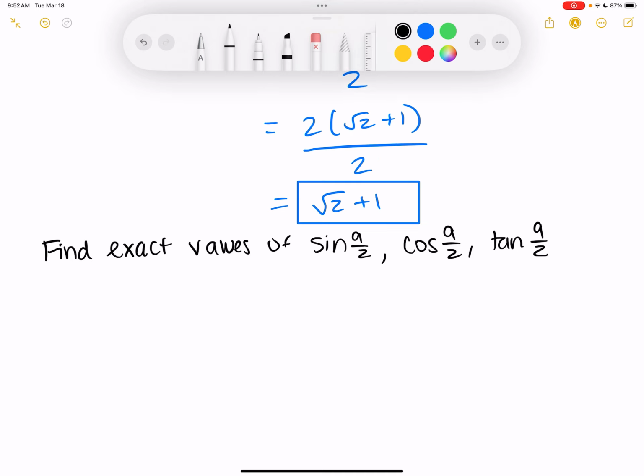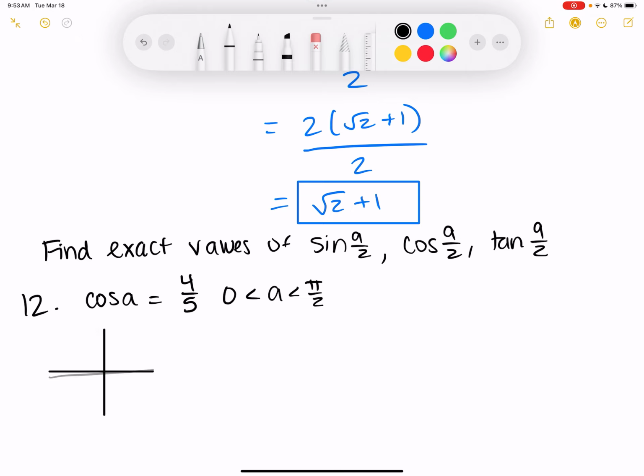So what they do is they give us, it'll say cosine of A is equal to 4 over 5, and then they say 0 is less than A is less than pi over 2. So this will be similar to the ones we did with 14.6 yesterday, where you have to set up the triangle, but it won't be the same triangle for every problem. So just be aware of that.